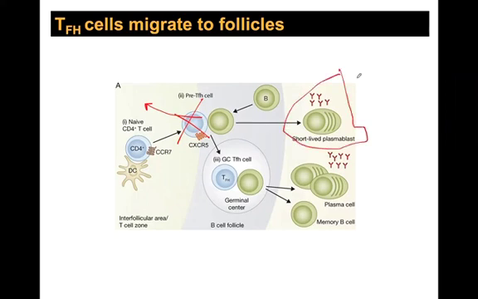I think many times immunologists need a lesson in graphic design. That's not where the plasmablast should be. It should be way over here. So that's why early during infection, if you don't have T cell help, then you get short-lived plasmablasts. Those make IgM, enhanced complement activation.